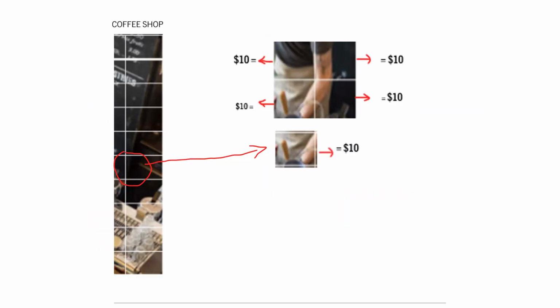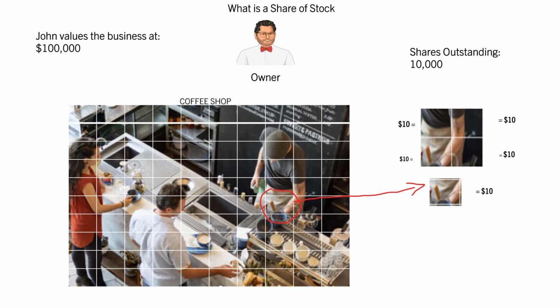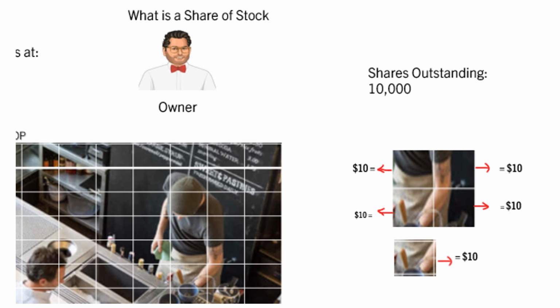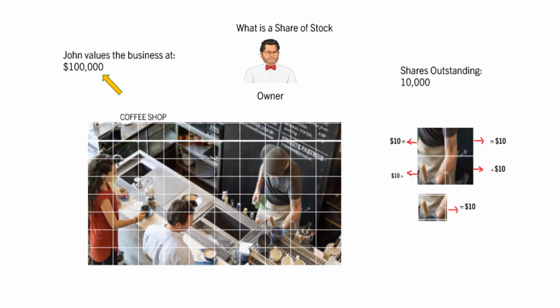One piece of that business, which you can see as the little square there, equals $10. The way I came up with that valuation is we simply took the $100,000 and decided to split the business up into 10,000 shares, and therefore if you take 100,000 and divide by 10,000, that's $10 per share.